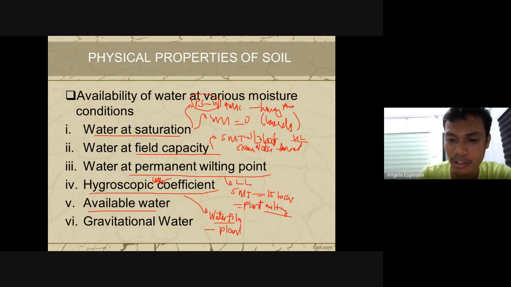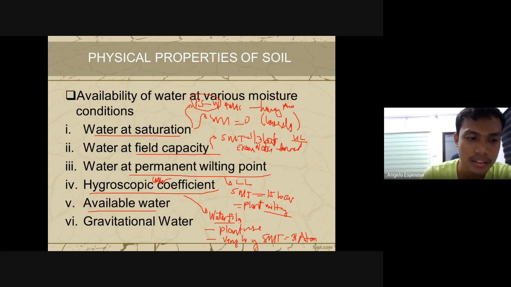Hindi siya available for plant use. And so what is the SMT? Mataas po ang kanyang SMT. It is held at a very high SMT of 31 ATM. So that is the hygroscopic water coefficient.